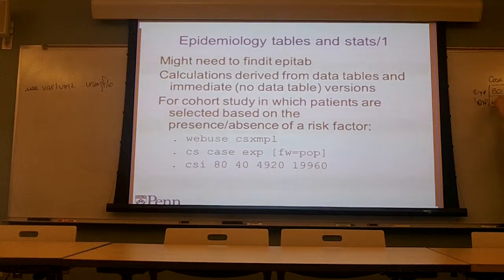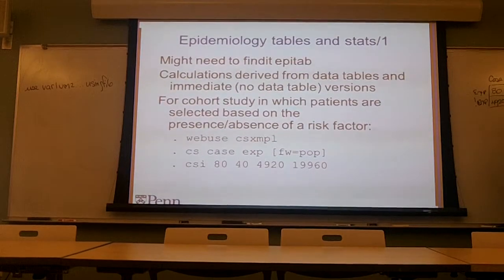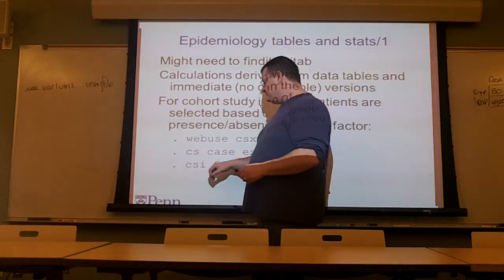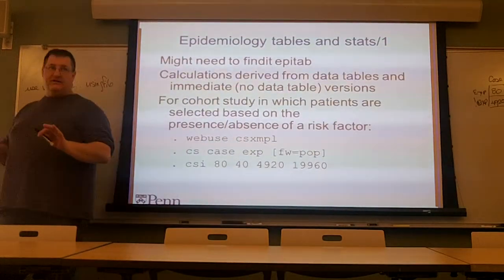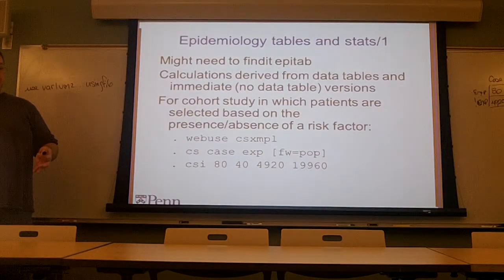A lot of times in journal articles, you'll get the tables. Okay, so that is our case control table, right? So what we can do here, without actually having all of the observations, is execute what are called immediate commands within Stata.